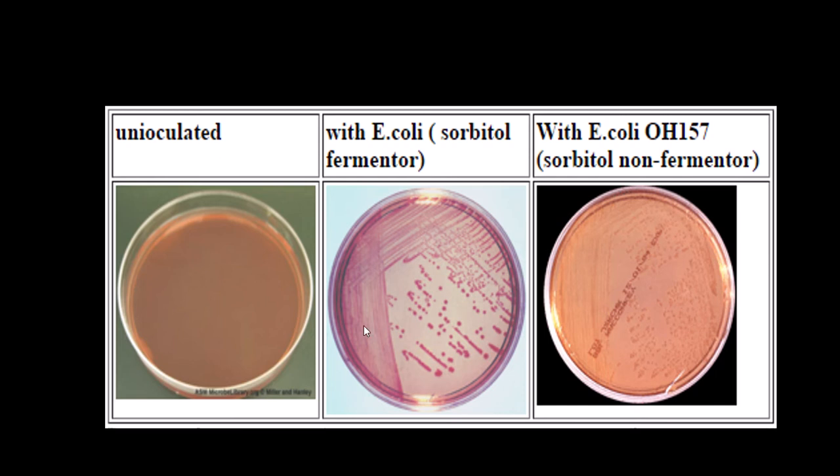The regular, non-pathogenic Escherichia coli that's part of the normal flora usually ferments the sugar sorbitol, while the O157 strain of E. coli usually does not ferment the sorbitol sugar.